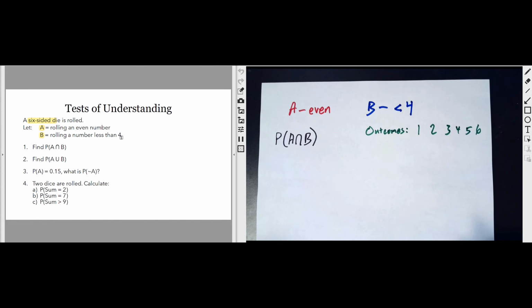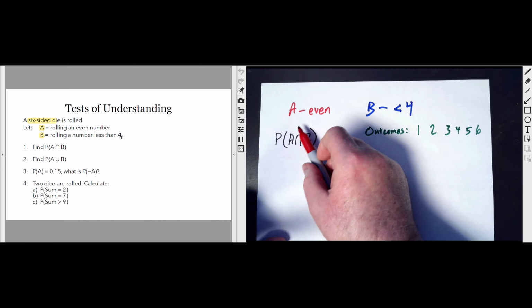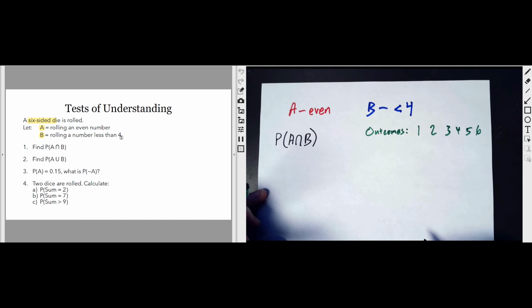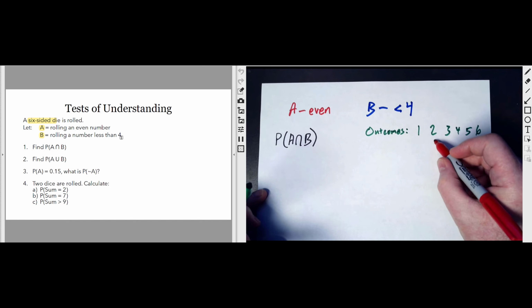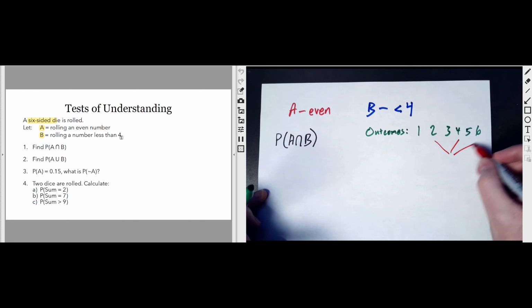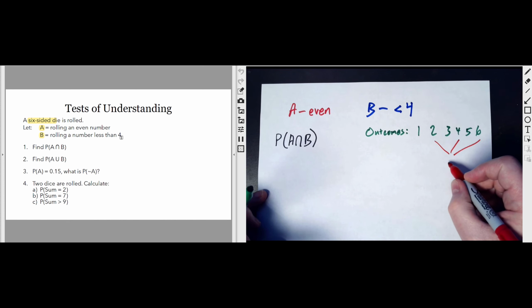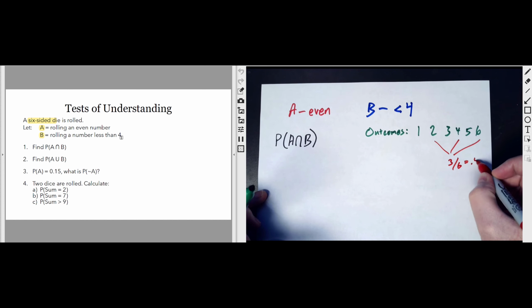Okay, so those are the 6 possible outcomes. And the event A being true means that the outcome that we got is an even value. All right, so there are 3 outcomes that are even, so the probability of that is 3 out of 6, is 0.5.